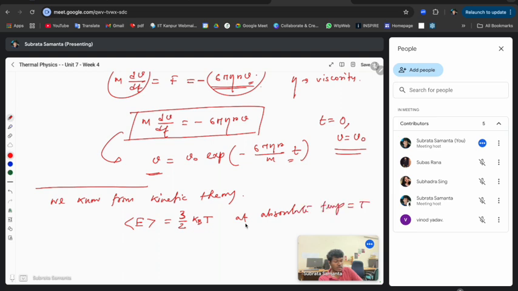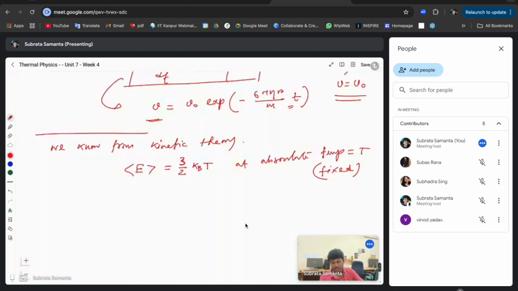This average energy is the kinetic energy, E kinetic, which is half m v square average. So half m v square average is 3/2 kBT.